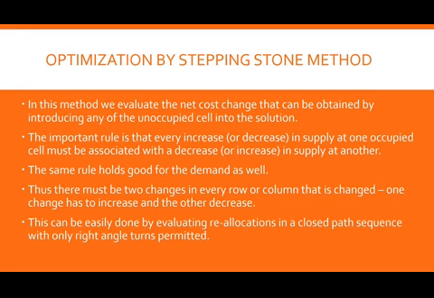After making allocations, you have few of the cells which are unoccupied, right? For such unoccupied cells, if at all I include one such unoccupied cell as an occupied cell into the solution, what will be the change in the cost? That is called a net cost change.